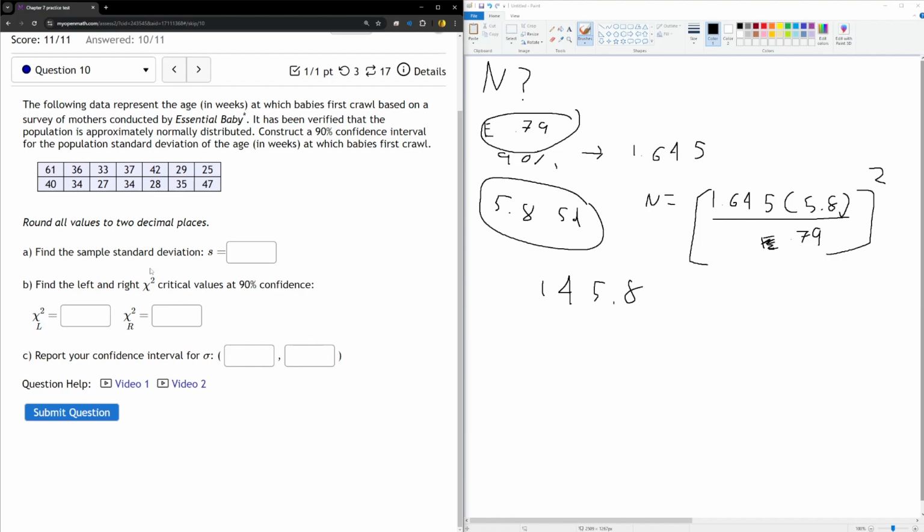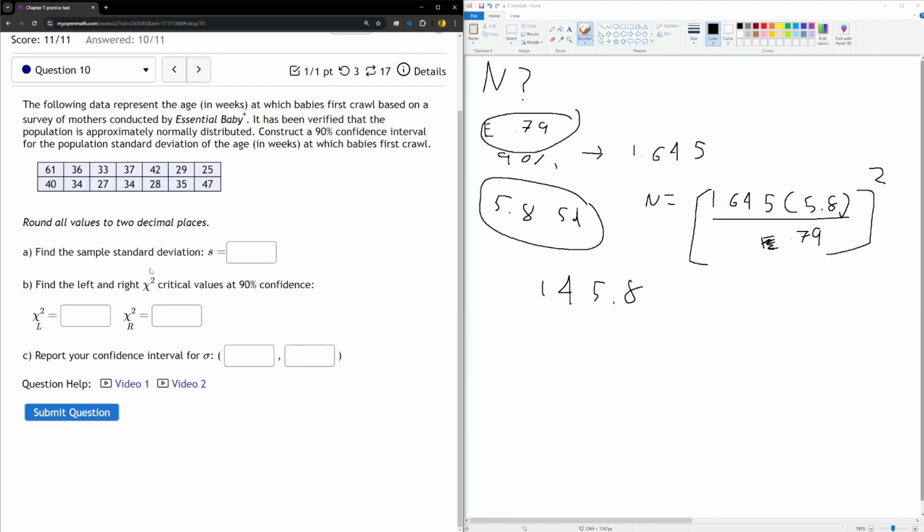Cool. Click stat again. Go to tests. Go down to T interval. This time you're going to switch it to data, not stats. List 1, frequency 1. Your critical level is 90% or 0.90. Calculate.